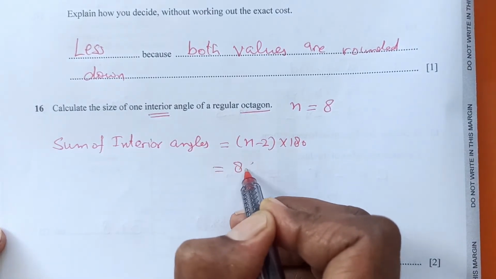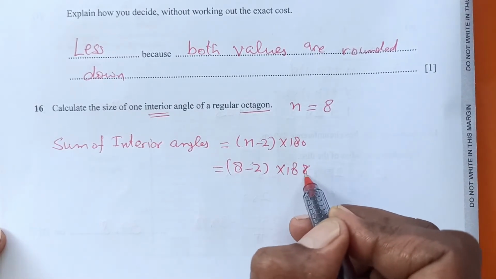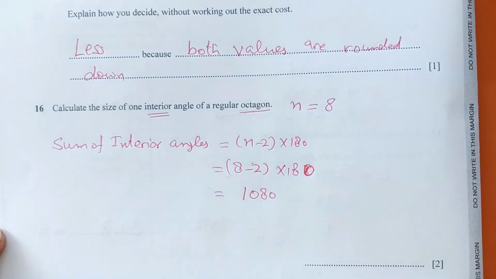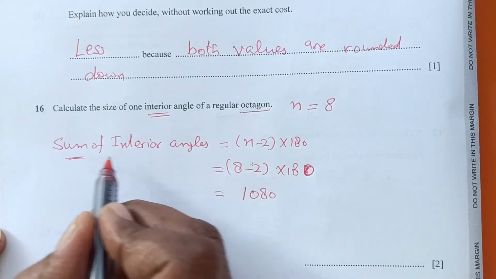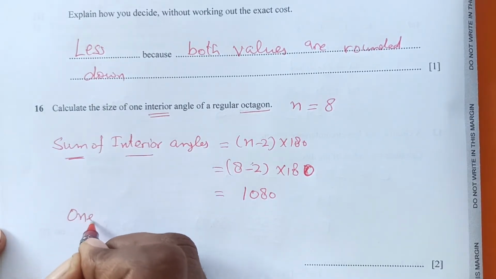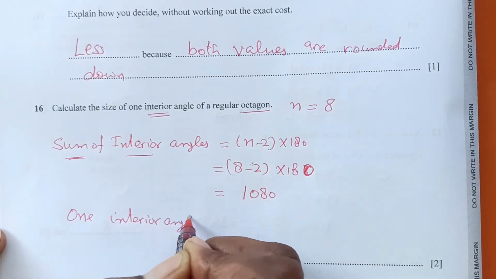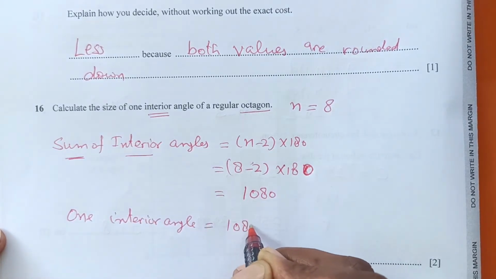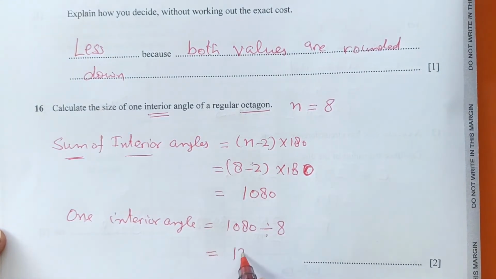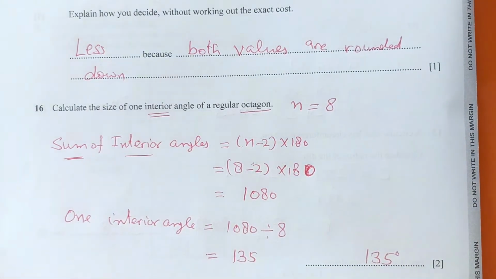So n is 8, minus 2, times 180. This comes out to be 1080, right? This is the sum of all interior angles, and we are looking for one interior angle. So one interior angle is equal to this divided by 8. So it is 135. Our final answer is 135 degrees.